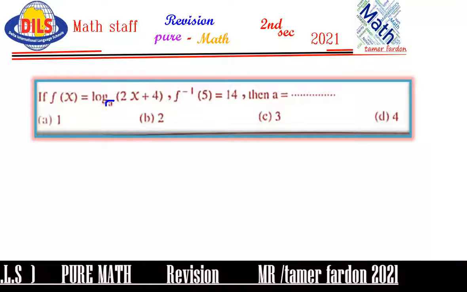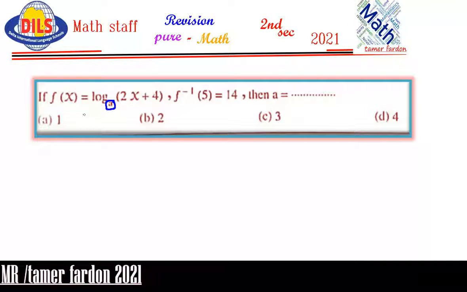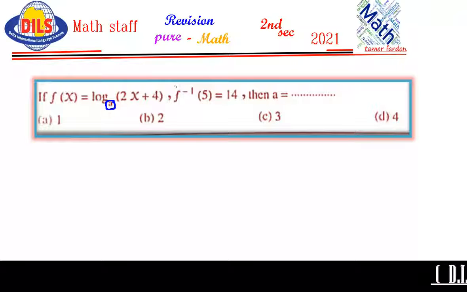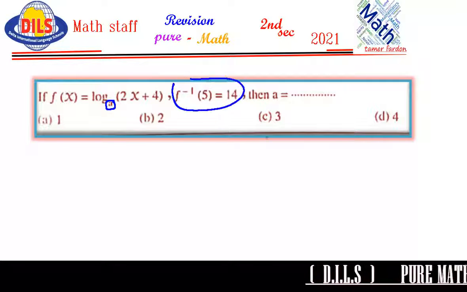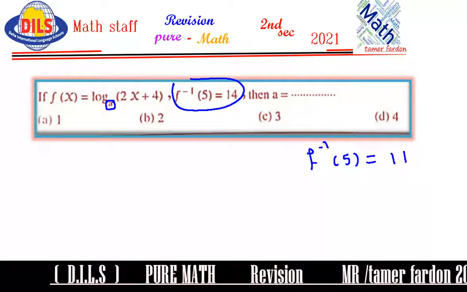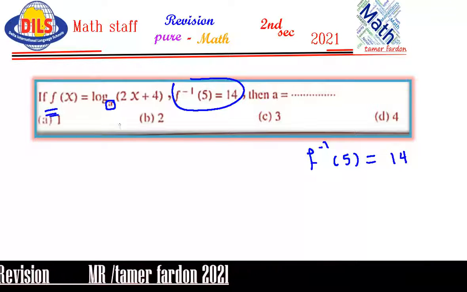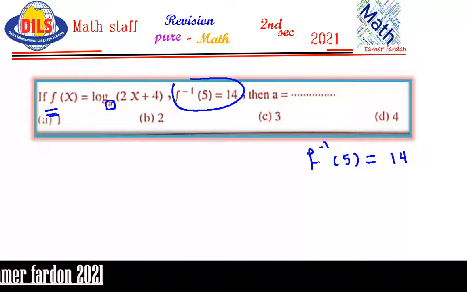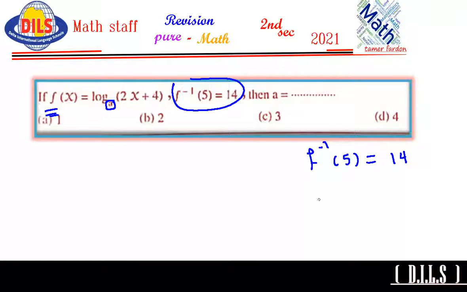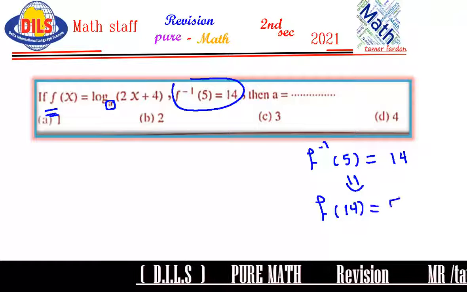To find a, we must have a point from f of x for substitution, but in the given we have f inverse of 5 equals 14. f inverse is the inverse function of f of x. We get it by replacing y by x. So we can say that f of 14 is equal to 5.